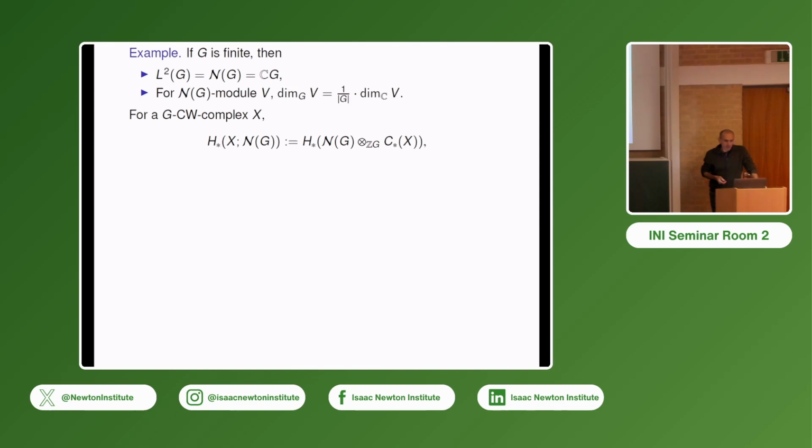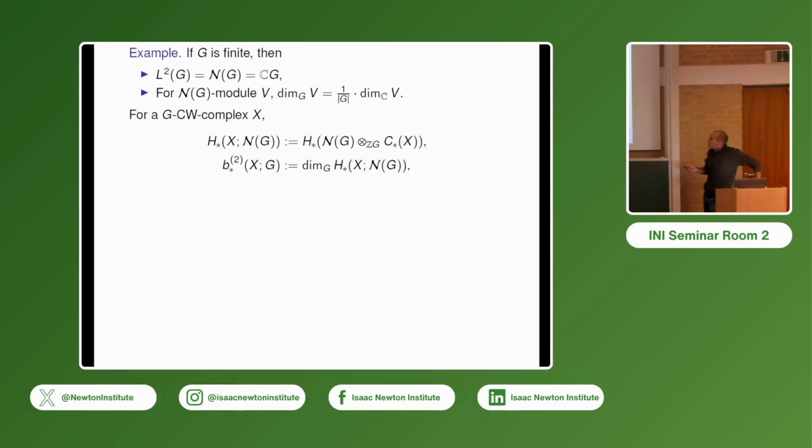Now you can form this chain complex, because the group ring sits naturally in this ring here, the von Neumann algebra, and you can take tensor products. You take the chain complex of the CW complex and tensor it over the group ring with NG. You have this chain complex, and you take its homology, again purely algebraically. You call this the homology of X with coefficients in the group von Neumann algebra.